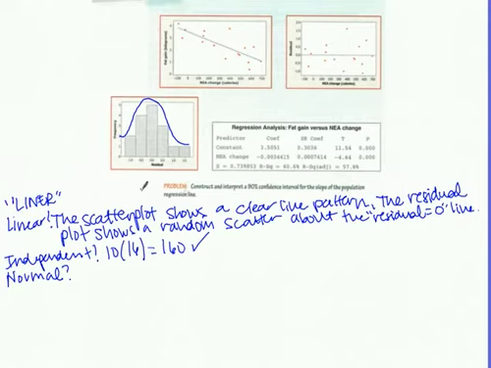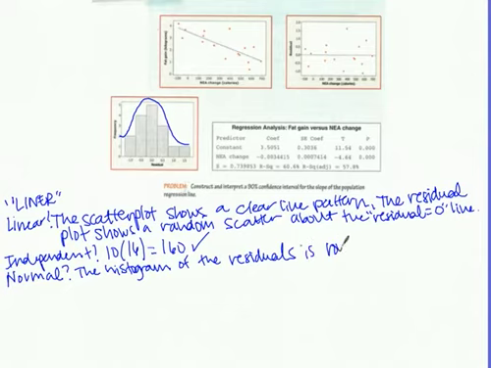So we would say that the histogram of the residuals is roughly symmetric and also single peaked.